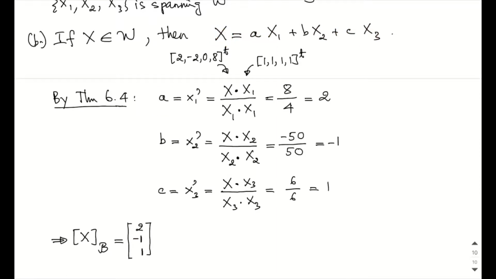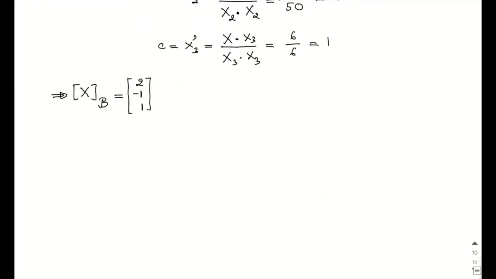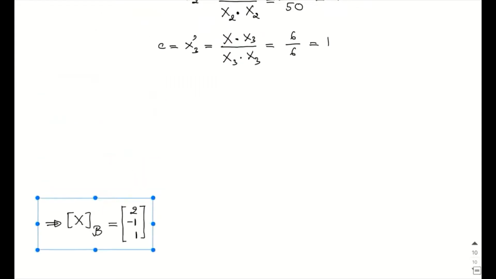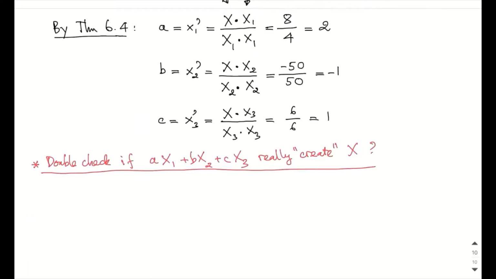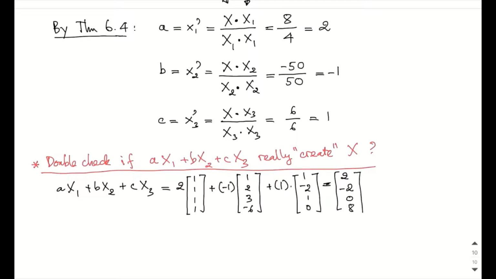Sometimes you can compute a, b, and c very easily, but when you double check by combining a, b, c with x1, x2, and x3 and summing up, you are going to get something other than the vector x. And there is a reason behind that. Before I conclude that this is the coordinate for the vector x, I'm going to go over the process of checking here. If we compute a x1, b x2, and c x3, this is really giving you the vector x.